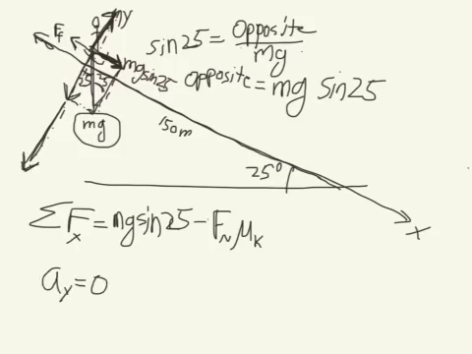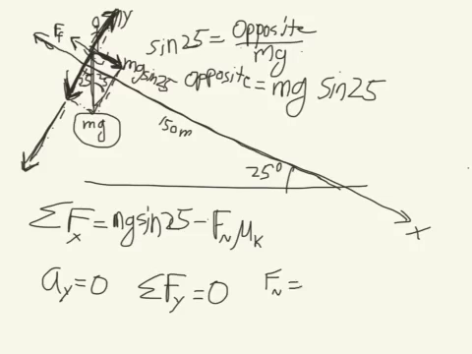So the sum of all forces along the y-axis on me is also 0. Simply put, the size of this normal force vector must be equal in magnitude but opposite to this vector here.